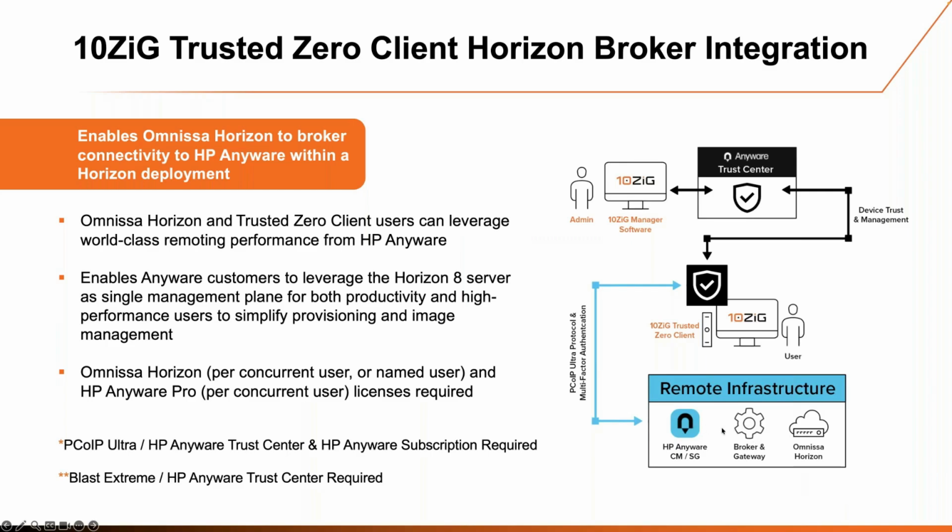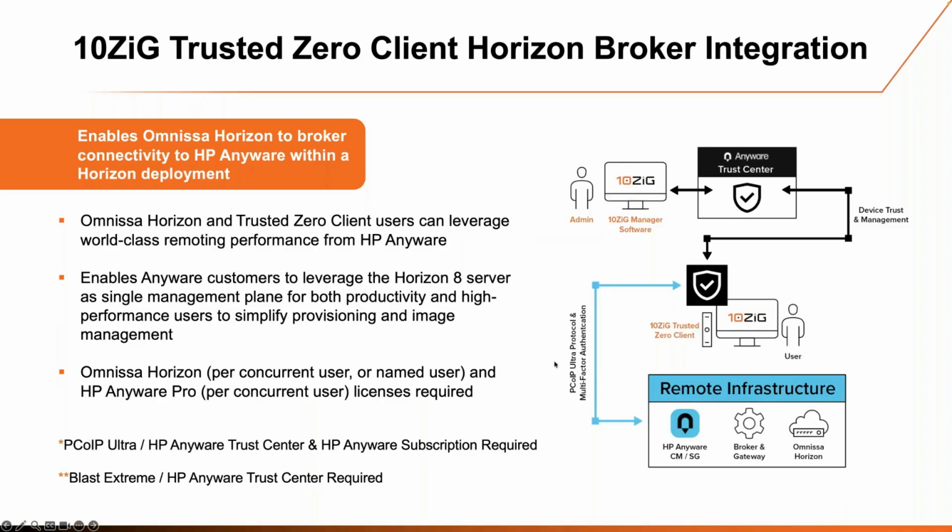So those components both work together with Horizon 8. And this in turn establishes connectivity from a Trusted Zero client to an HP Anywhere enabled agent, which can run either on a physical or virtual workload through PCoIP Ultra.